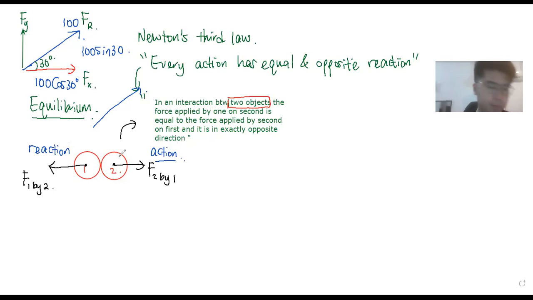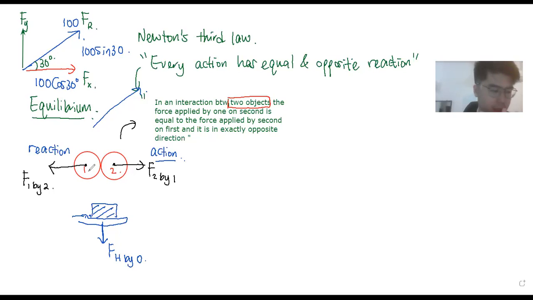Another example. If I hold an object on my hand like this, the weight of the object is pushing my hand downwards. So there's a force acting on my hand, FH, force acting on hand by the object.